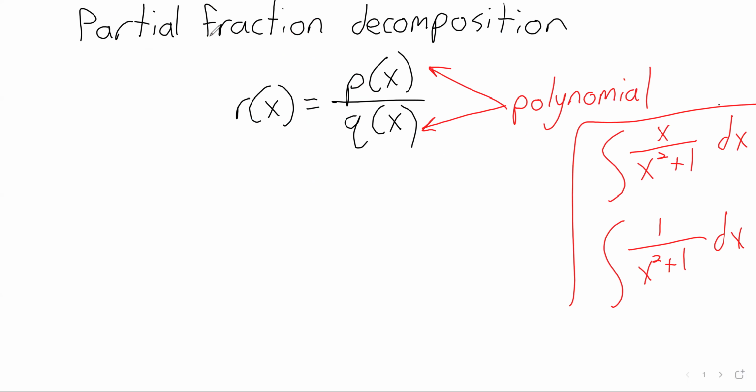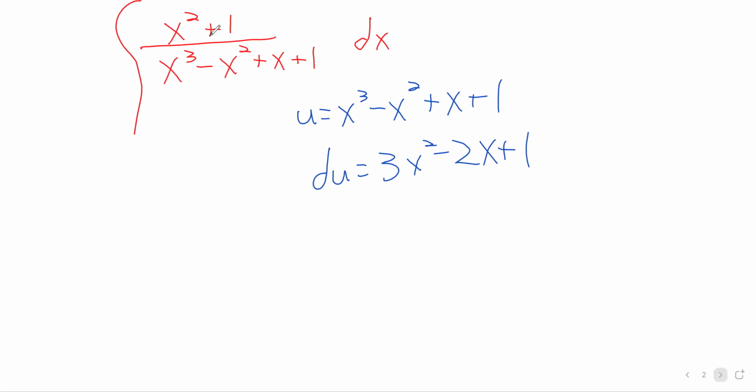So partial fraction decomposition breaks into multiple cases, but the idea is always the same. And actually, the idea is based on this little marginal note that we can't integrate rational functions in general, but if a rational function is simple enough, we might be able to integrate it. We can integrate this, for example.